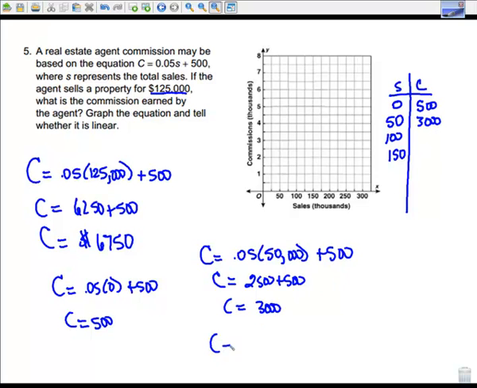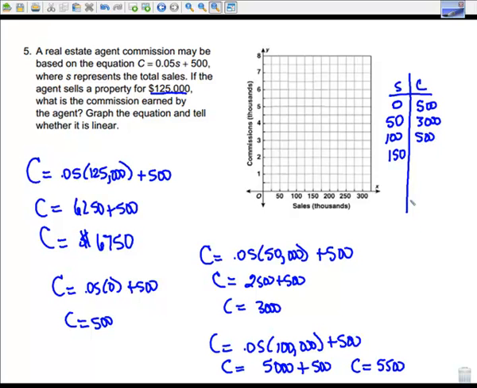Then I'll do 100,000. And then plus 500. 5% is going to be 5,000 plus 500, so the commission is going to be 5,500. And the commission for 150,000 is going to be 8,000. So you can see here, whoops, I did not put the right, there's 5,500.